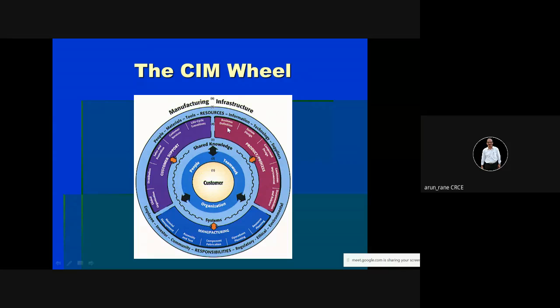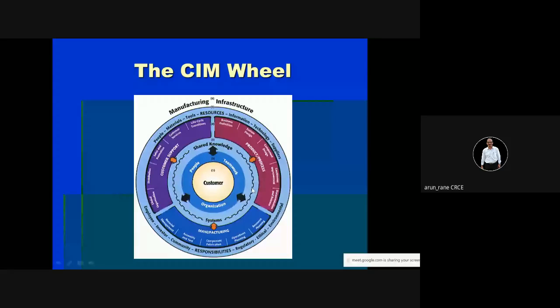Like, what is your business definition? What is your system design? First, it is divided into people, teamwork, and organization. And it is customer specific, customer centric. Remember, if there is no customer, we will not exist.